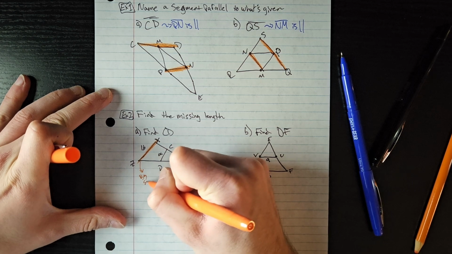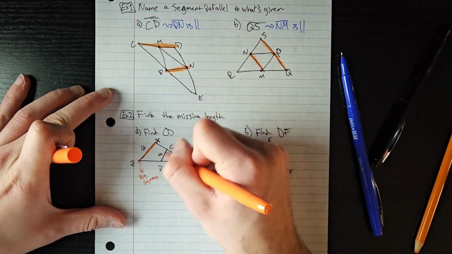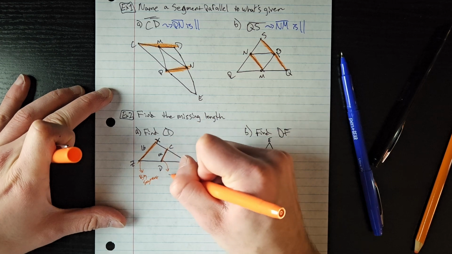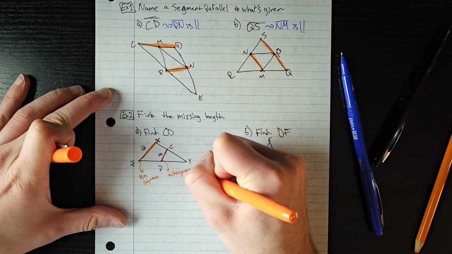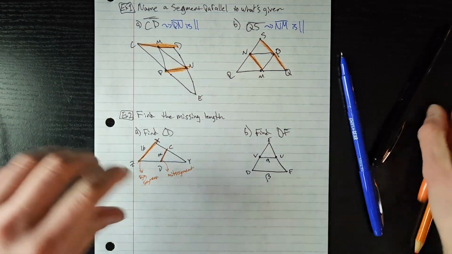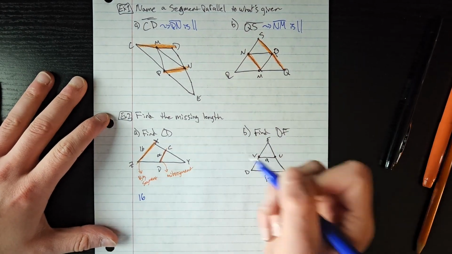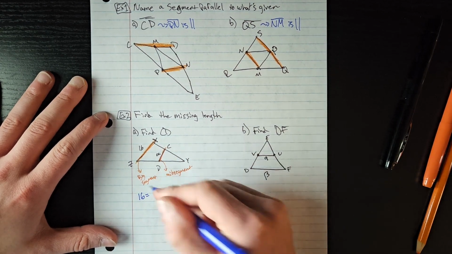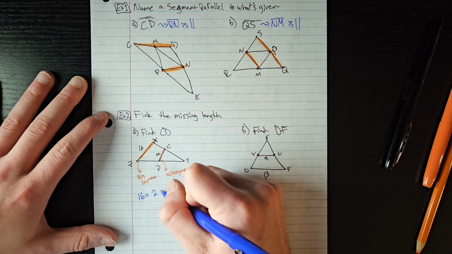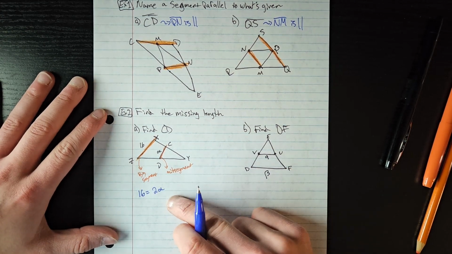This is our big segment, and then this is the mid segment. So you can set up your equation as so. I know that this would be 16. And to get up to 16 with my mid segment, I'd have to have 2 of those. So 2 alpha.